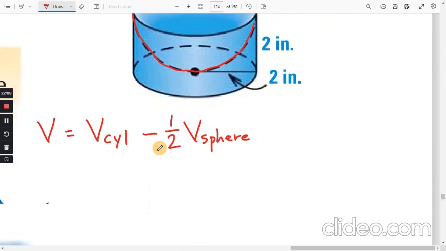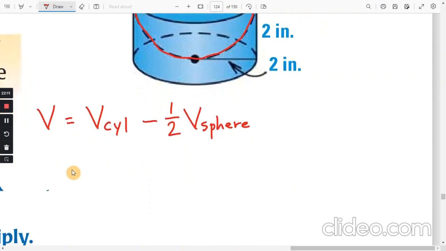So we're only subtracting 1/2 of a sphere. Okay, and now if you recall the volume of a cylinder, that is base times height. I'll write it separately. Volume of a cylinder is capital B times height. But the base of a cylinder is a circle, and the area of a circle is pi r squared.